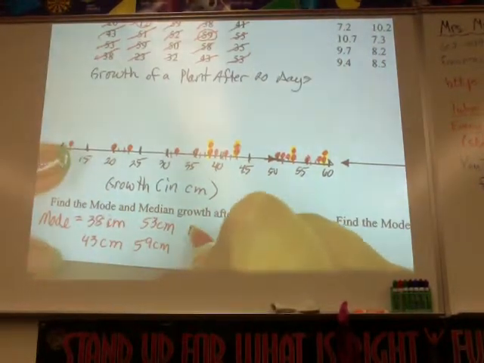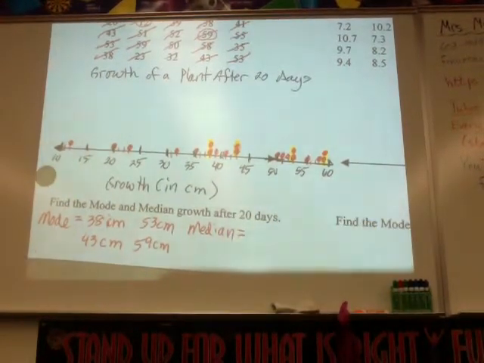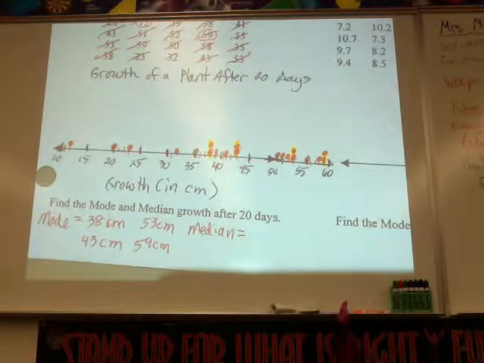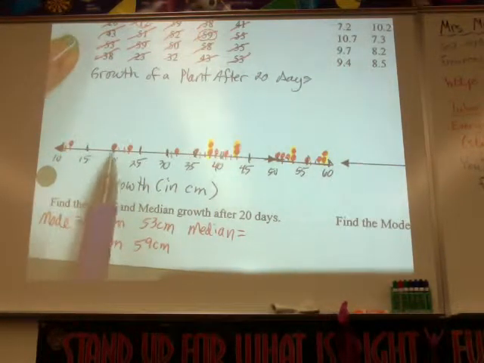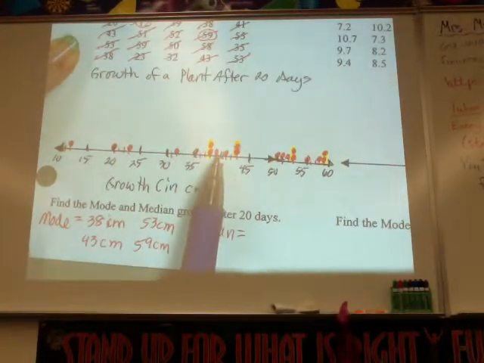And then we're going to find our median. So the median is the middle number, right? Is there one middle number, or do we have to average again? Average. So take 20, divide it by 2. That means there's 10 dots on the left and 10 on the right. So start counting your dots. 1, 2, 3, 4, 5, 6, 7, 8, 9.